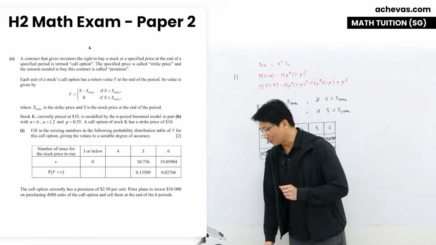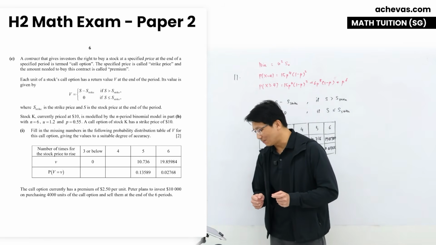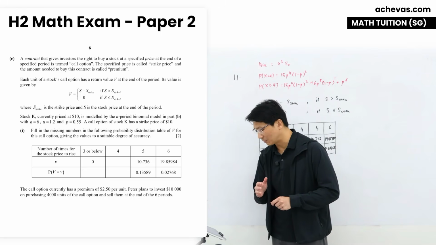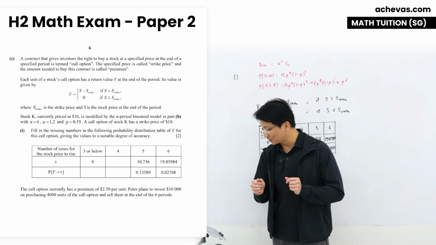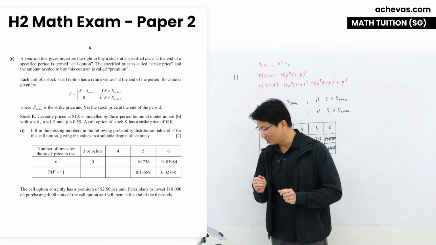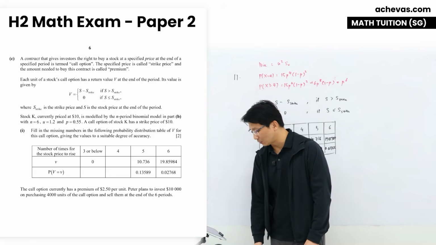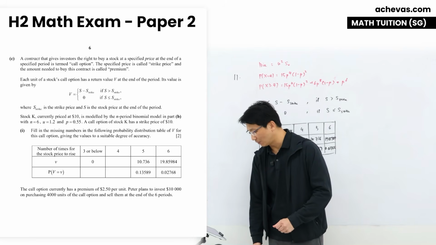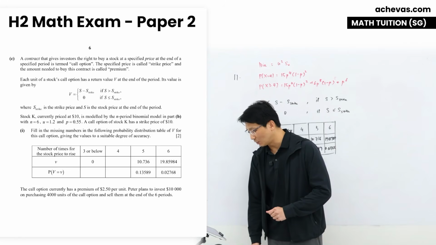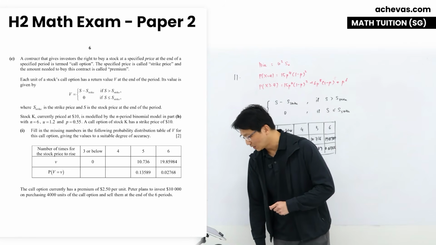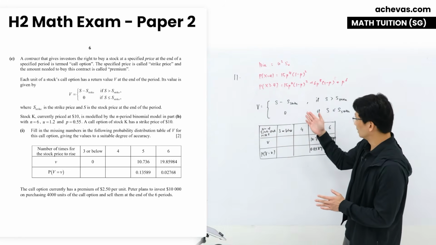In part C of this question, we have a contract that gives an investor the right to buy a stock at a specific price at the end of a specific period. It's called a call option. The specific price is called the strike price, and the amount needed to buy this contract is called the premium. Each unit of the stock call option has a return value V at the end of the period, and its value is given by this table here. I just replicated this table here.